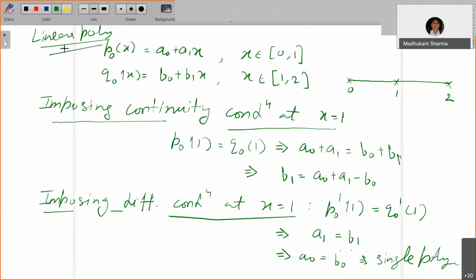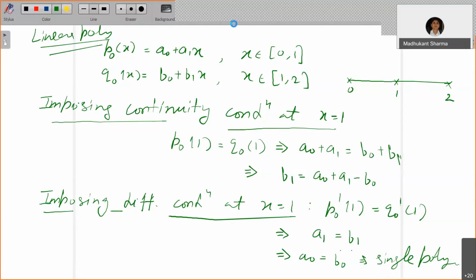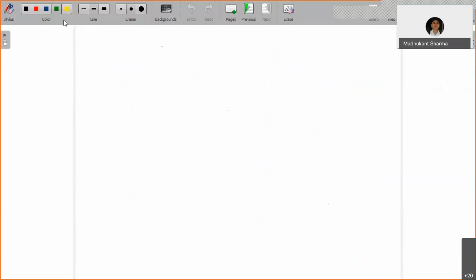Similarly, you can talk about quadratic polynomials.